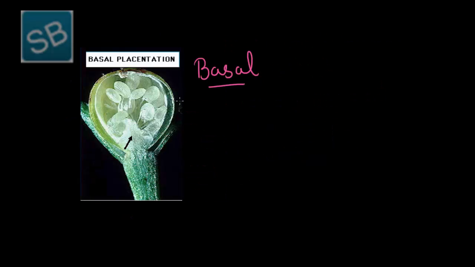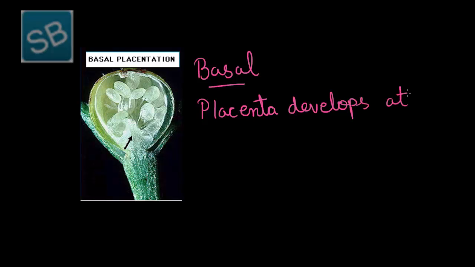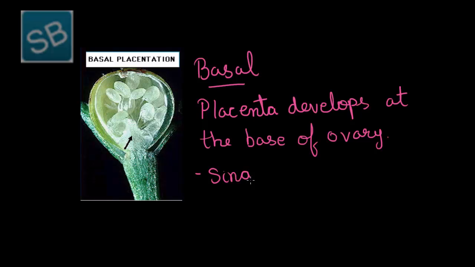Now fifth and the last type of placentation is basal placentation. In this type, the placenta develops at the base of the ovary chamber, which is pointed by the arrow, and bears a single ovule. Thus, in this type, placenta develops at the base of the ovary and single ovule occurs.